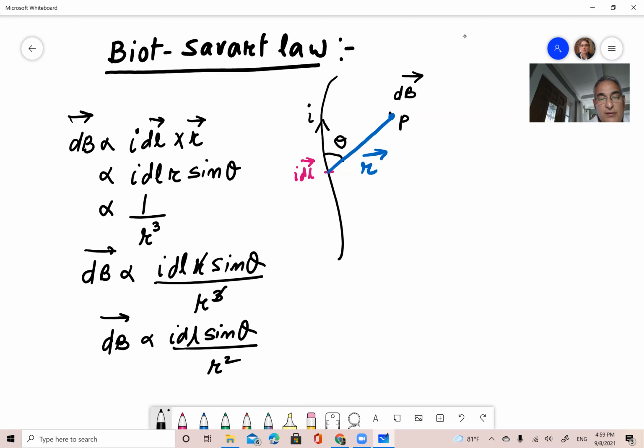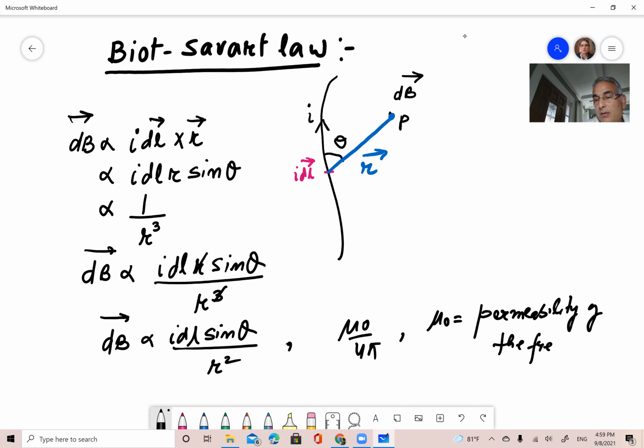In order to remove the proportionality sign, I need a constant, and the value of the constant is mu0 over 4 pi, where mu0 is the permeability of free space, meaning how many magnetic field lines are permitted by the medium where the point and the current carrying element are located.